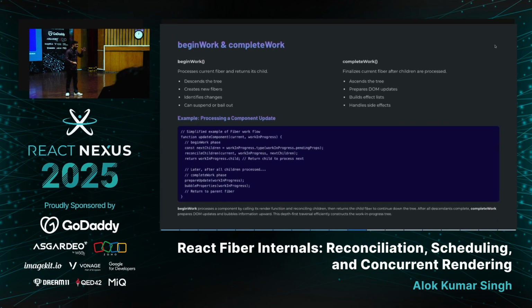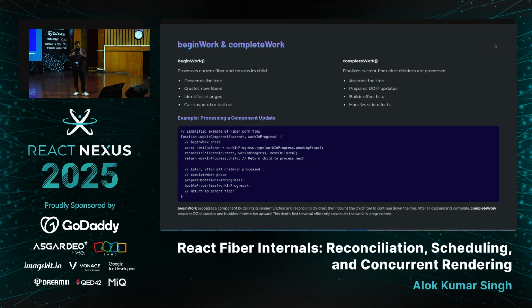But what is happening in the reconciliation phase? Let's go a little bit deeper inside the reconciliation phase. On the top level, it calls two functions, begin work and complete work. These two functions are recursive in nature. Begin work works top to bottom, whereas complete work works bottom to up.